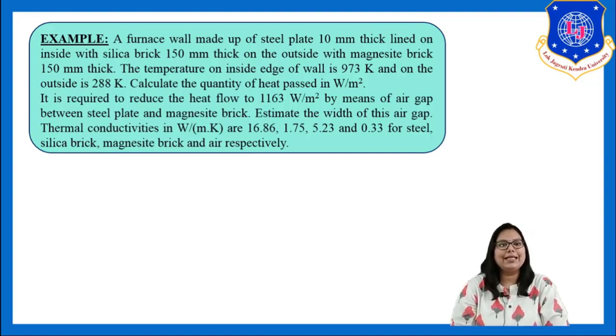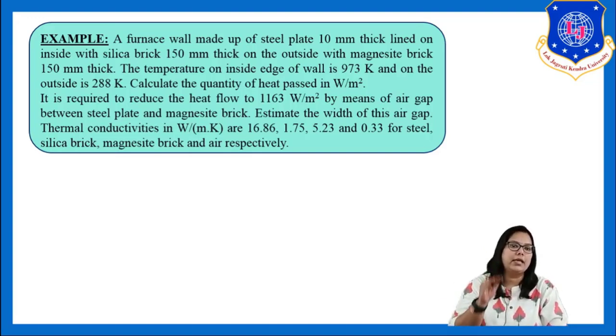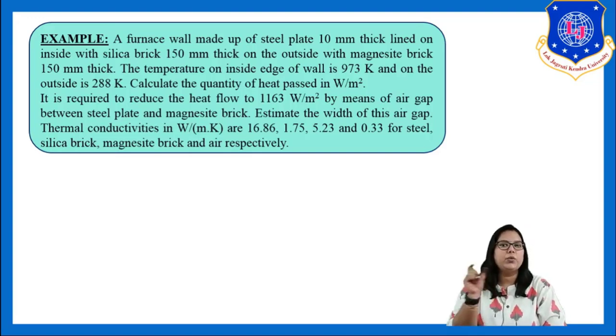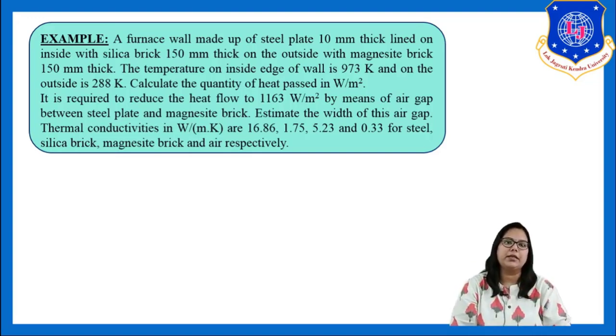That means in case 2, Q value is directly given. Heat loss Q is given as 1163 watt per meter square. It says that the heat loss value is now reduced compared to case 1. Why is it reduced? Because we are introducing an air gap between steel plate and magnesia brick material.